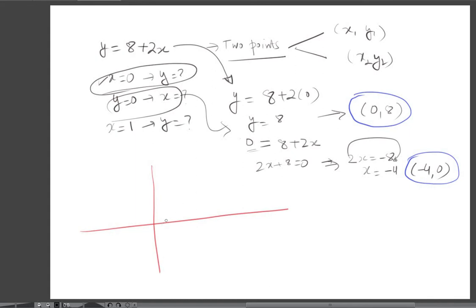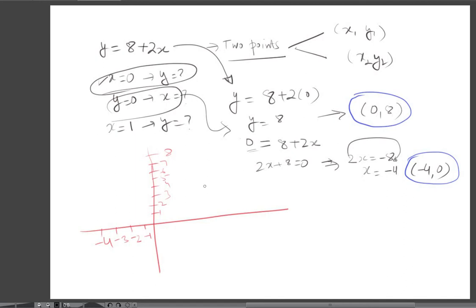So x is, suppose this is negative 1, negative 2, negative 3, negative 4, and my y is 1, 2, 3, 4, 5, 6, 7, 8.